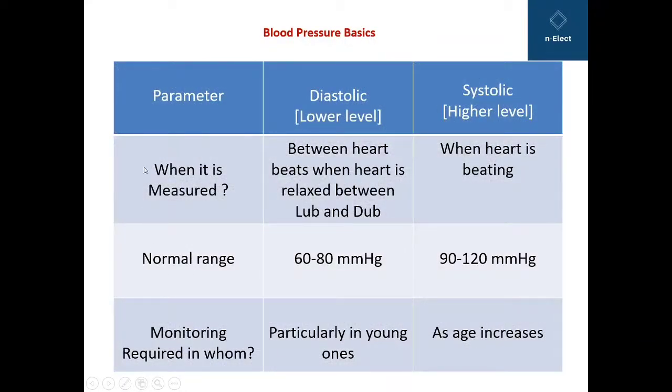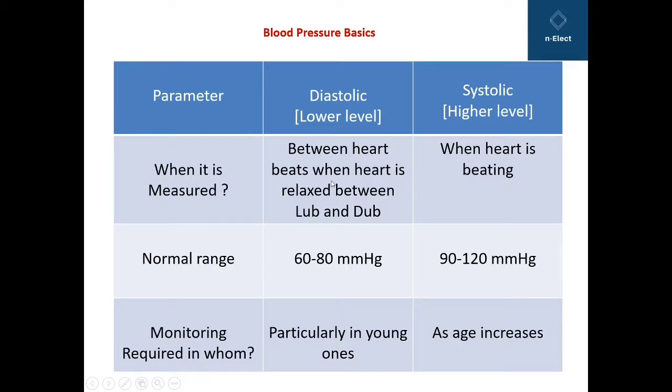Now we will consider different parameters, so far as the diastolic and systolic, that is lower and higher pressure levels, are concerned. The diastolic, that is the lower level pressure, is measured in between the lub and dub, that is, between the heartbeats.